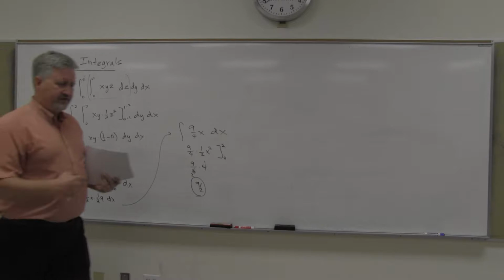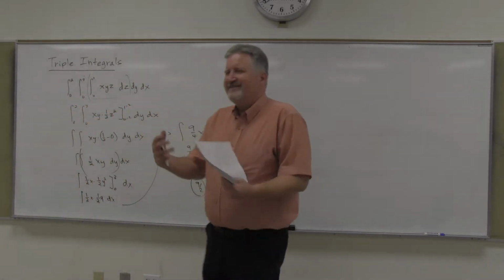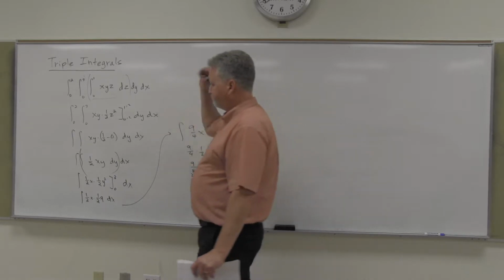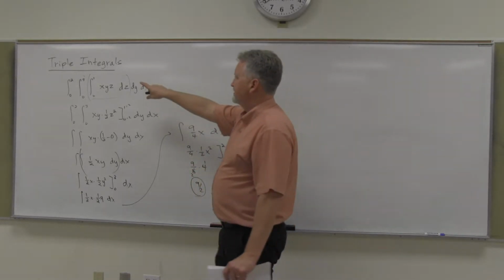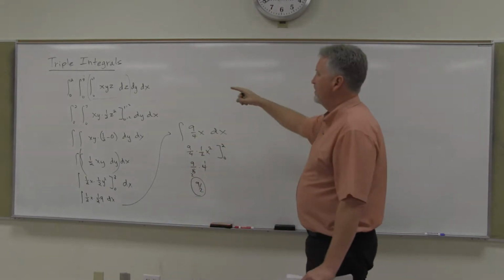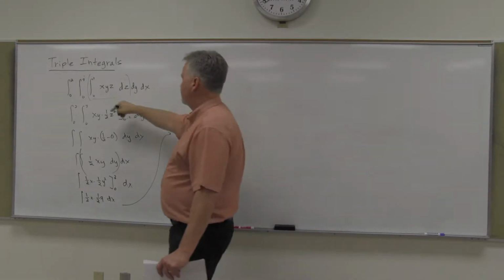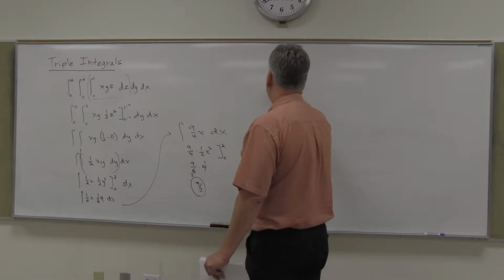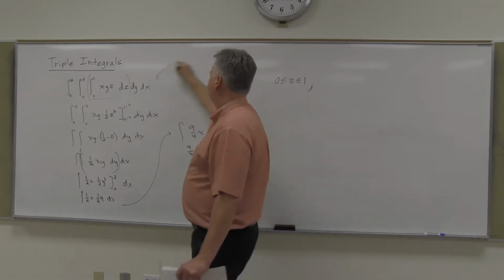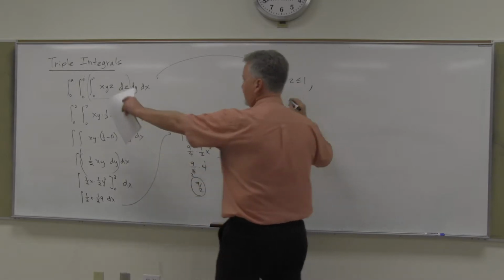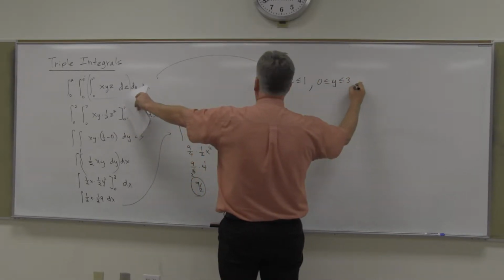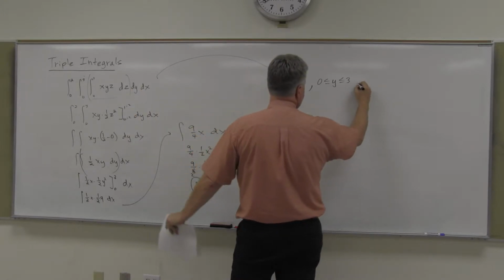What we've done here is the easiest, I guess you would say, of the triple integrals, because if I think about what my limits were, the z's go from 0 to 1. I didn't write it out, but the y's go from 0 to 3. And then the x's go from 0 to 2.